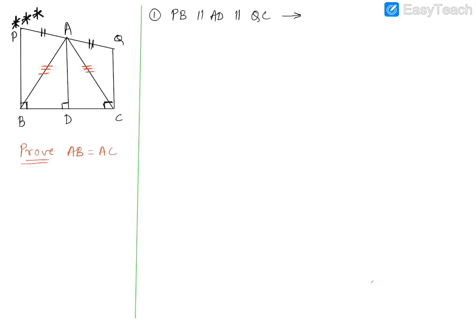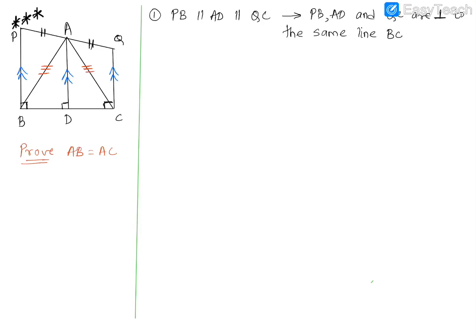Because PB, AD and QC are perpendicular to the same line BC. So since they are perpendicular to the same line, they are also parallel to each other.